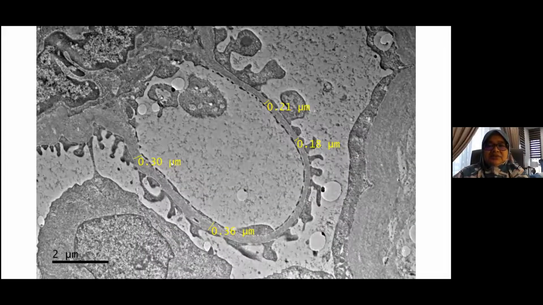Okay, this is a closer power view of one of the capillary loops, and we can see that the thickness is okay. Usually we take the average thickness of the capillary loops of the basement membrane.